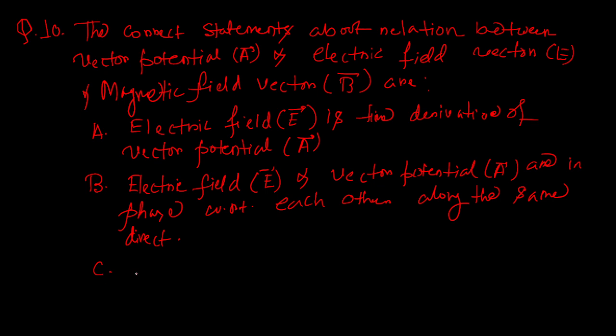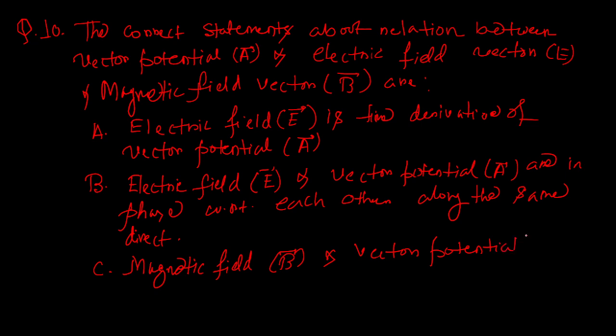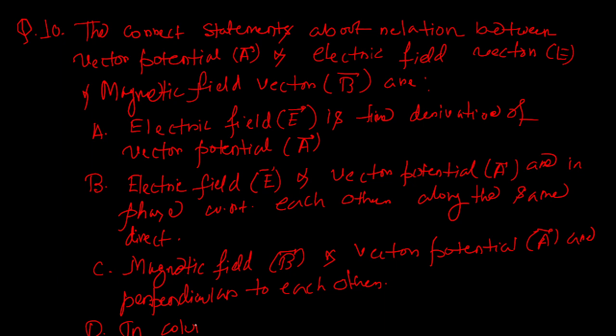C. Magnetic field B and vector potential are perpendicular to each other. D. In Coulomb gauge, E equals minus dA by dt.